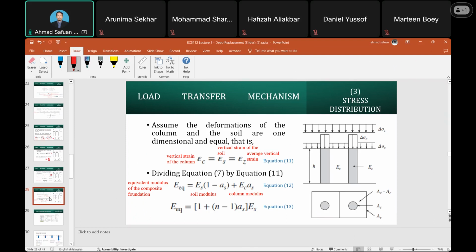Equation 13 simplifies equation 12 to determine the equivalent modulus of the composite foundation. So that is the derivation based on the stress distributions.